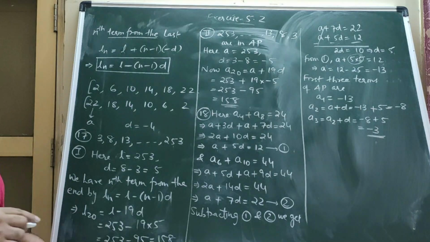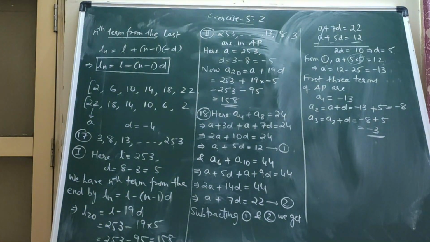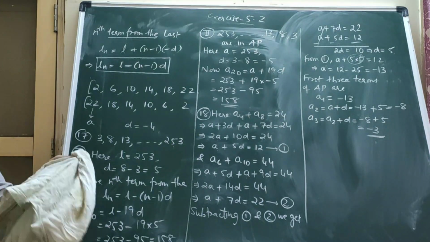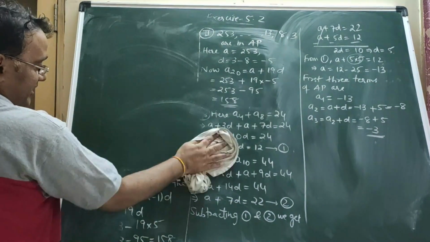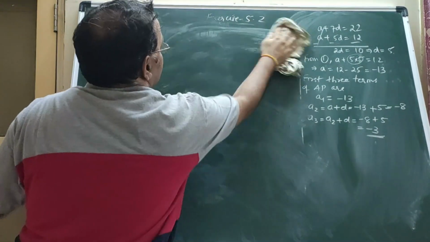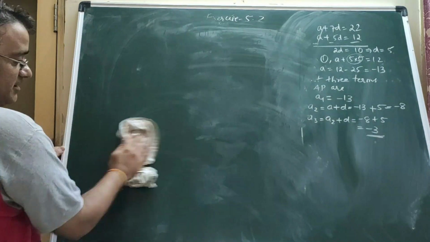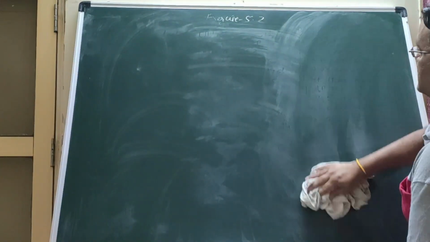So minus 13, minus 8, minus 3 are the first 3 terms of the AP. Now only 2 questions left. Let us complete those 2 questions. उसके बाद वाइंड अप करेंगे. New topic will start in the next session. That is session number 6.